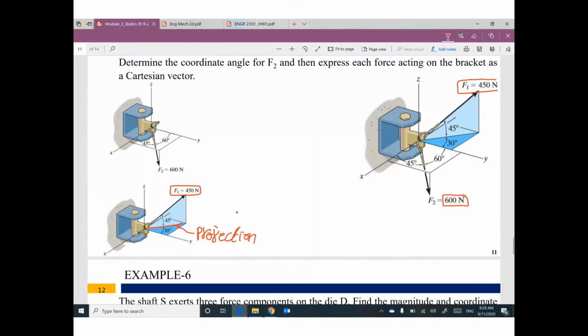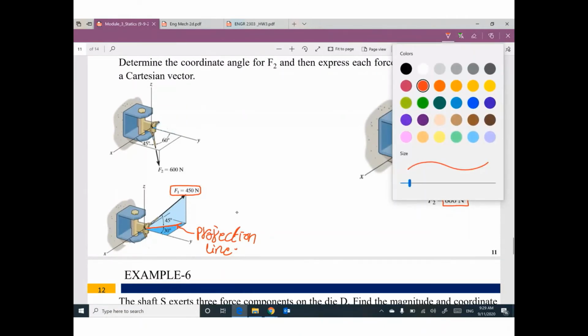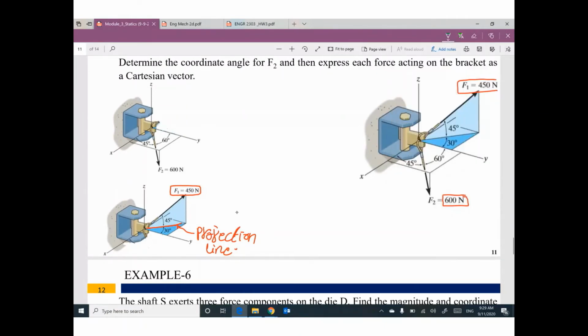First step, we need to break the given force F1 between Z and projection line. Go ahead and do this. So we have Z component and we have projection line component. Second question, which component will be cosine and which component will be sine 45 degree?